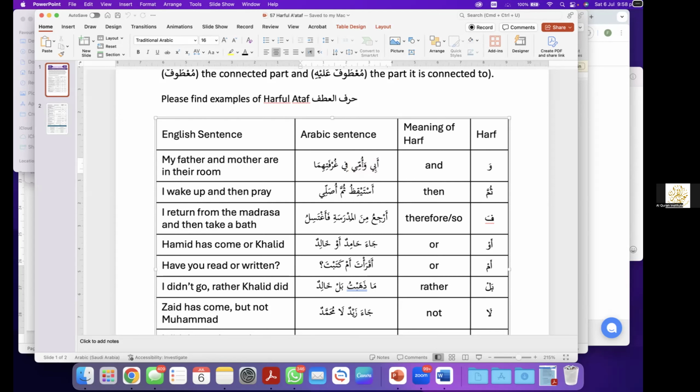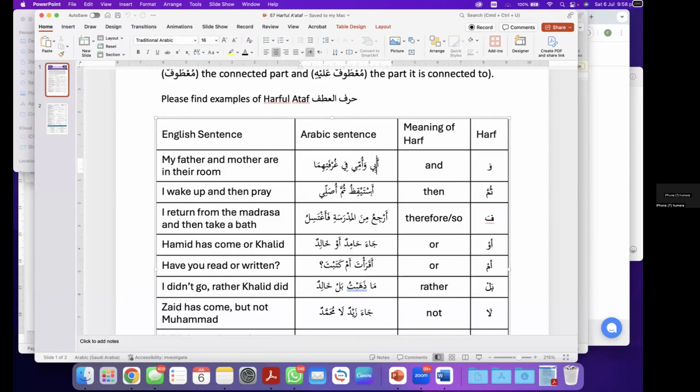And the word it is connected to is ma'tuf ala. Now make sure, because you'll be using this all the time. Sister Humaira, if you start, please, just introduce the terms ma'tuf and ma'tuf ala, along with harf ataf, please.